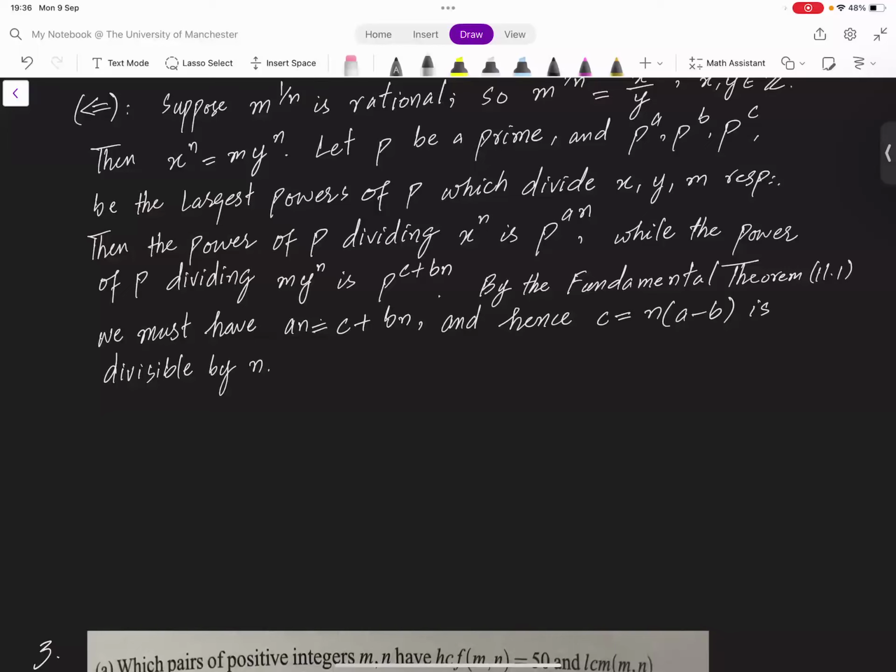Now we have shown that the power to which each prime divides m is a multiple of n.